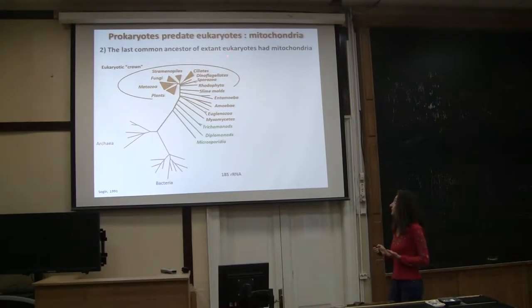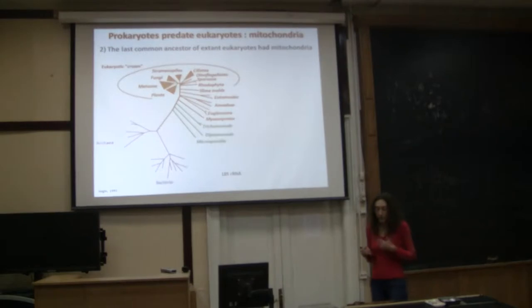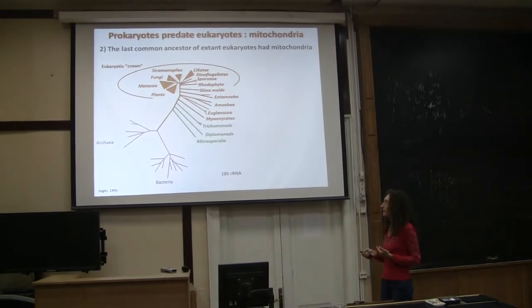So at the beginning, we didn't know this, and it was thought in the first molecular phylogenies of eukaryotes, based on genes such as the 18S ribosomal RNA gene, dating back to the late 80s or beginning of the 90s.